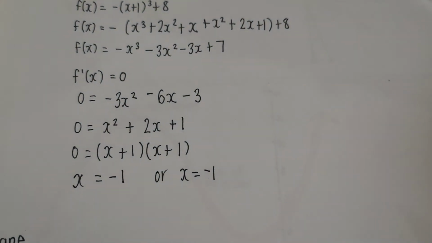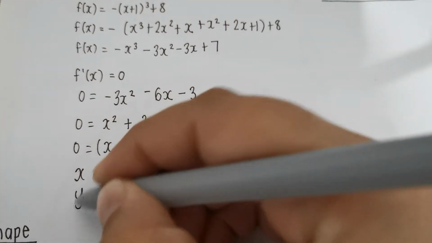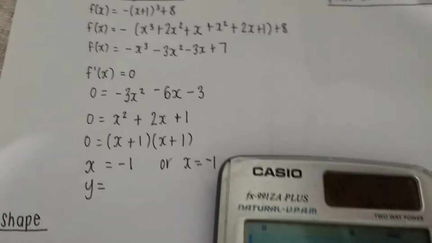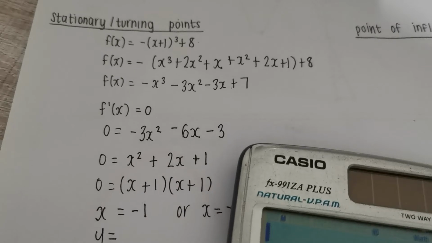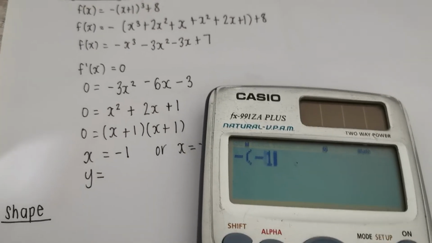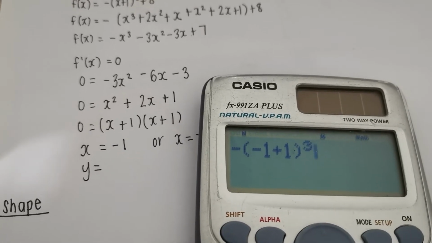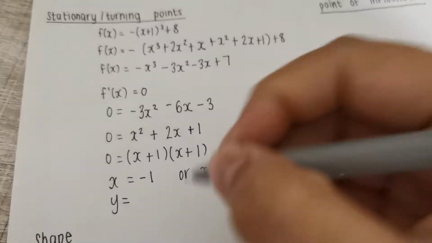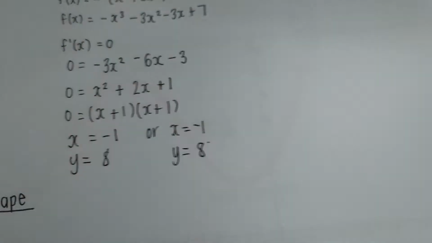Okay, I need to find my actual y values for each of these. They're the exact same number. So that means I'm going to sub into the original equation. You can choose to sub into there, or you can choose to sub into this one. Okay, so this point here is 8. This point here is basically 8.